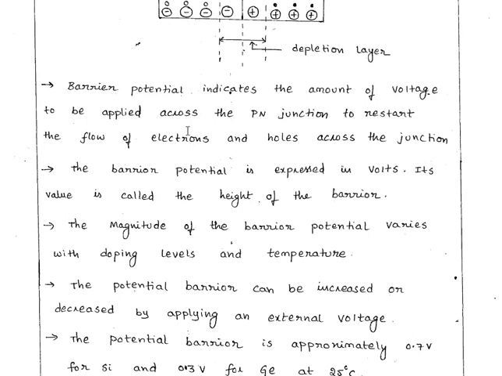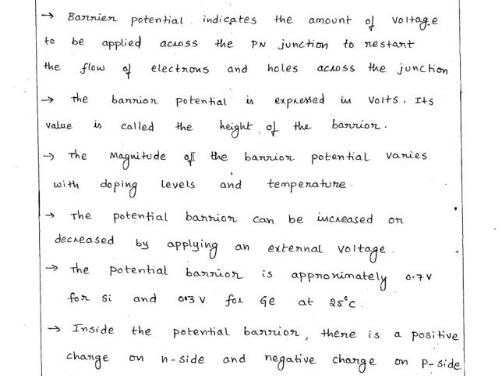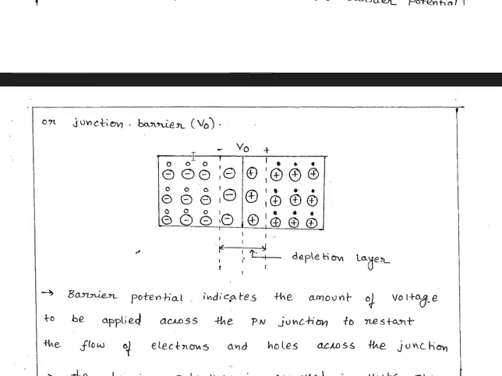Barrier potential indicates the amount of voltage to be applied to cross the p-n junction to restart the flow of electrons and holes across the junction. Barrier potential is expressed in volts. It is called the height of the barrier.